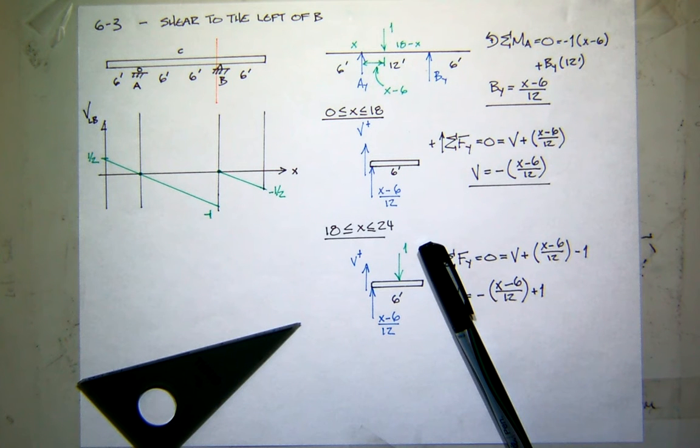Just so you can see a little better, let's squeeze it off to the side a little bit. So I'll put positive shear here, and I'll put positive shear there.